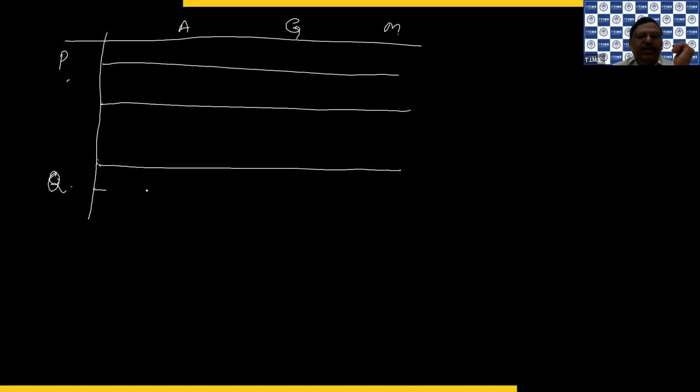Originally, again, I'm trying to have two things here. Let's try to have, in this case, two things: originally and after adding something. Similarly, Q also, students. Originally, something, after adding something. Actually, this is not required.